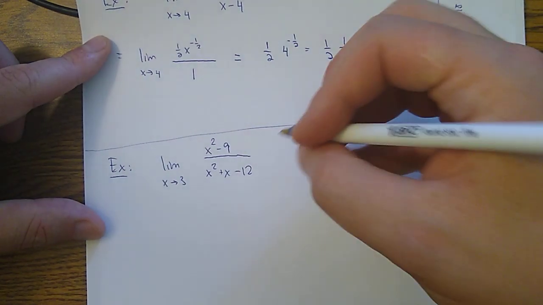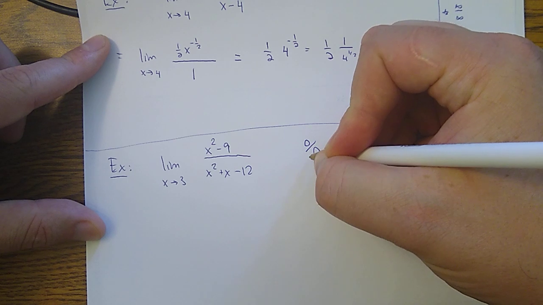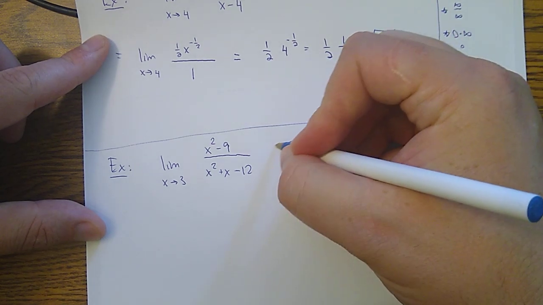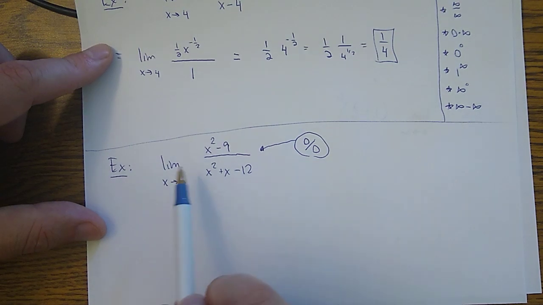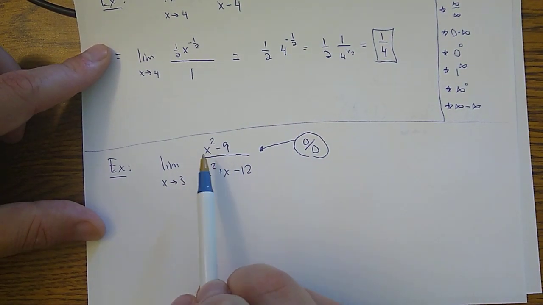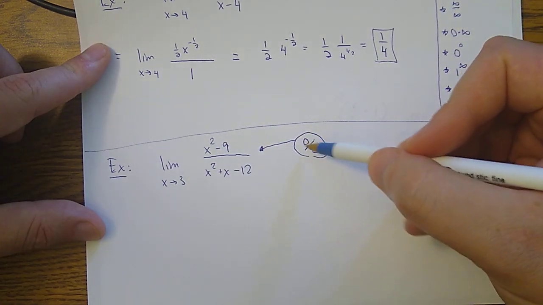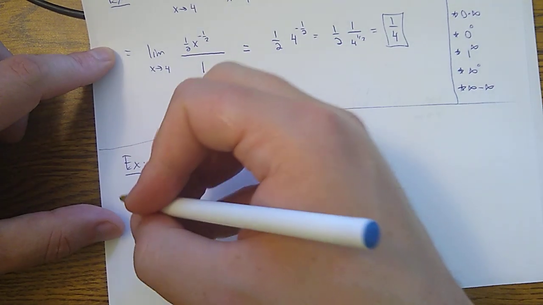First, let me justify that I can use L'Hopital's rule. The justification is that if I put in 3 for x, I get 0 on the top and 0 on the bottom. So I call this a 0 over 0 indeterminate form, and that's my justification that I can use L'Hopital's rule.